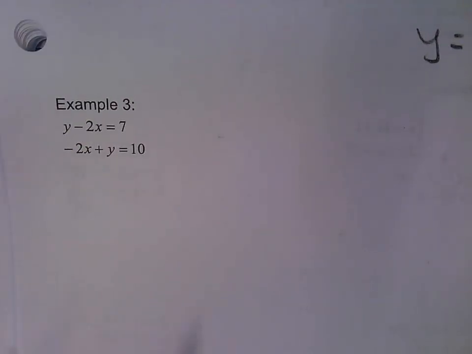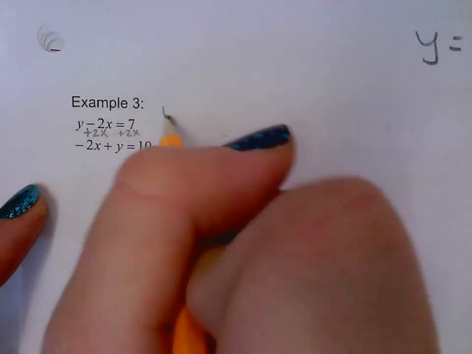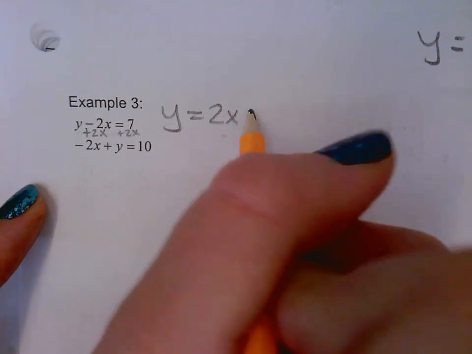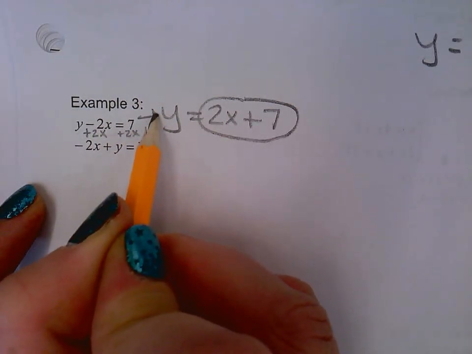What do you want to get by itself? Maybe the y in the first equation. So I would add 2x to the other side, right? So add 2x to the other side. y equals 2x plus 7 is what I get from the first equation.